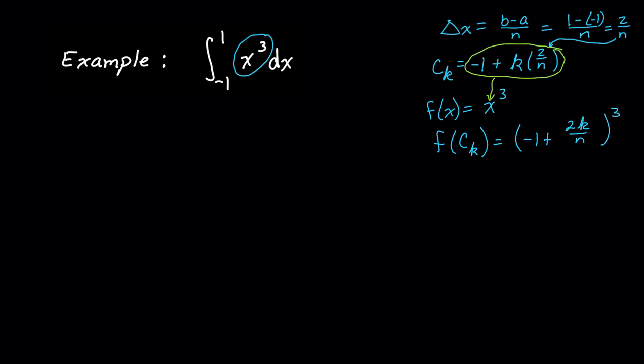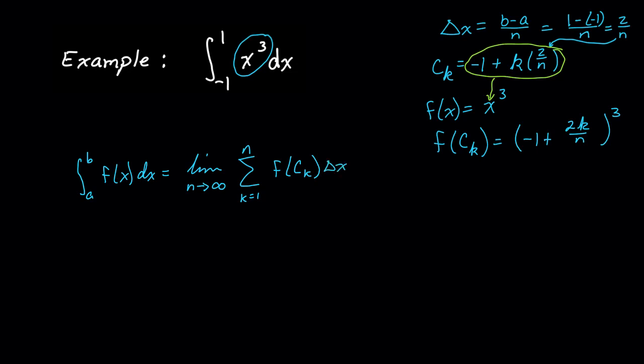All right, so if we go back to our limit definition, the limit definition said the integral from a to b of f of x dx is equal to the limit as n approaches infinity of the sum from k equals 1 to n of f of c sub k times delta x.